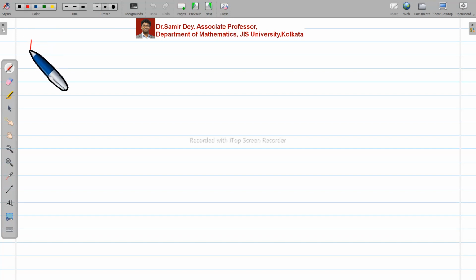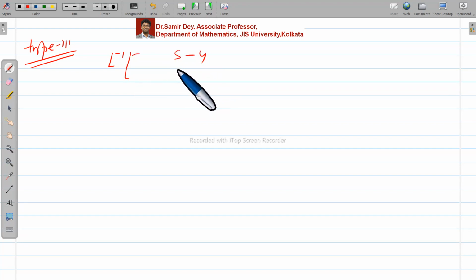Now please write down type 3. Type 3 is basically an extension of the second one. Now try to understand. You have a question: L inverse of (s minus 4) by (s plus 3)(s square plus 8).